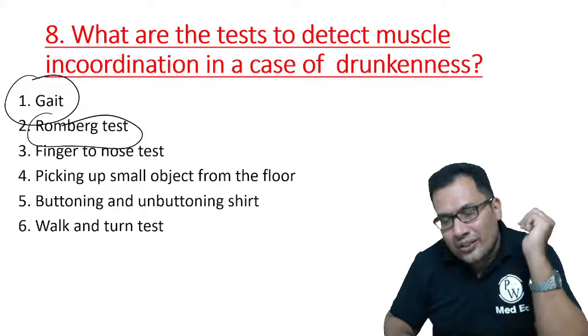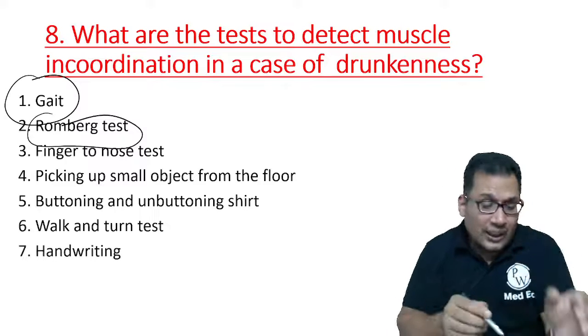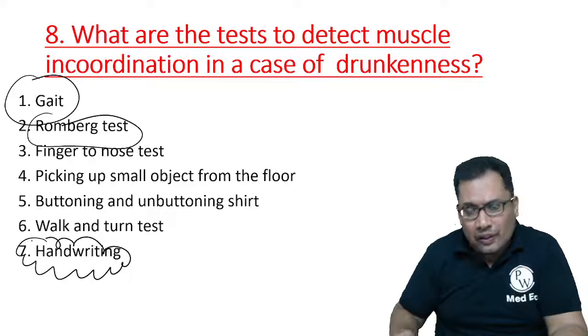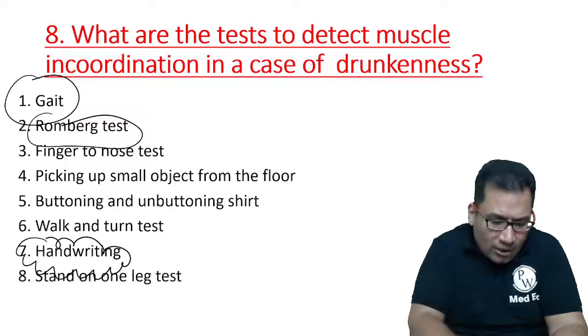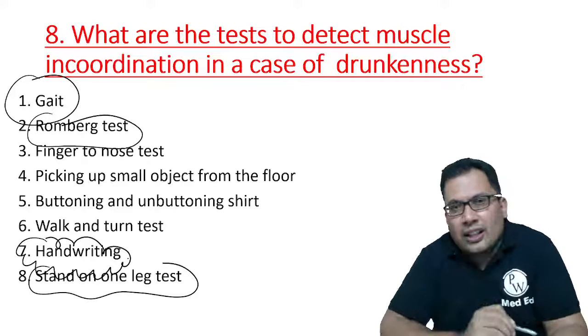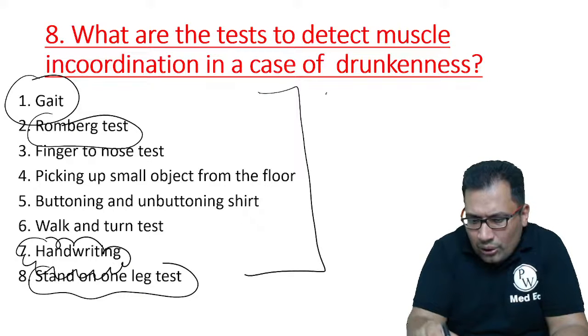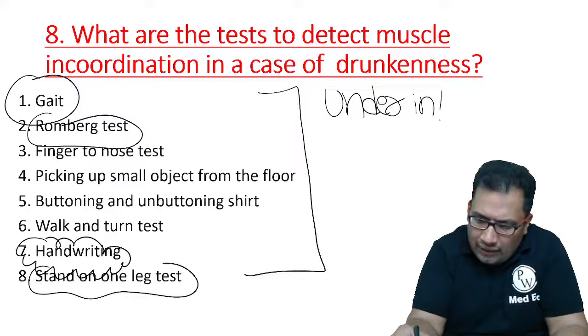Walk and turn test. Handwriting is also affected under the influence of alcohol. Stand on one leg test is also affected. So all these tests are to rule out whether under the influence or not.